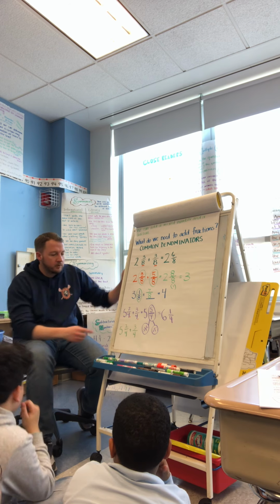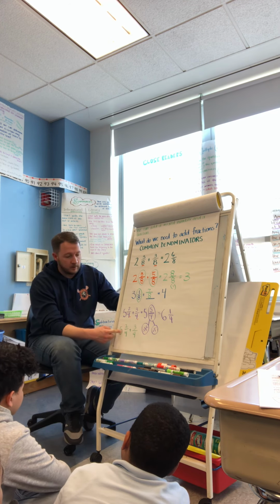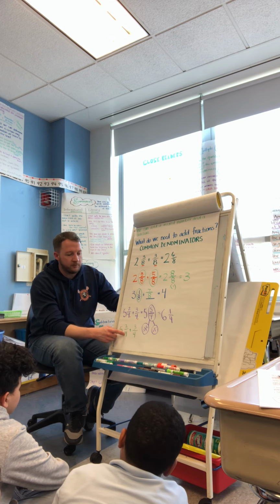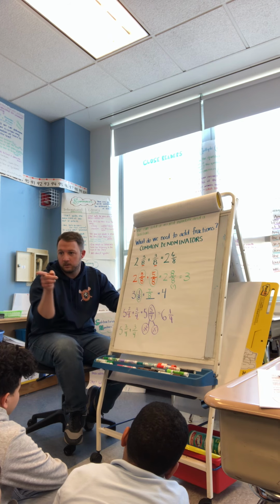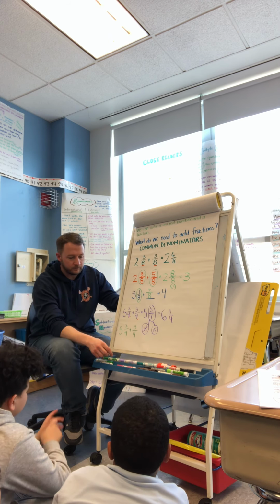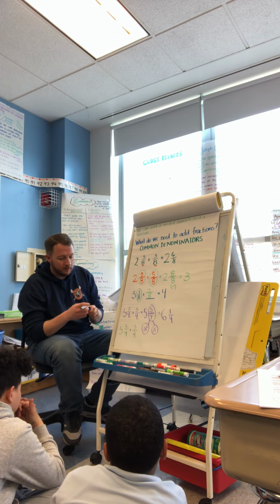Now, what you can do is you can take the fraction that's with the whole and say to yourself, well, I have 2/4. How many more fourths do I need to get to the next whole? Not 1/4. 2/4. I need 2/4.